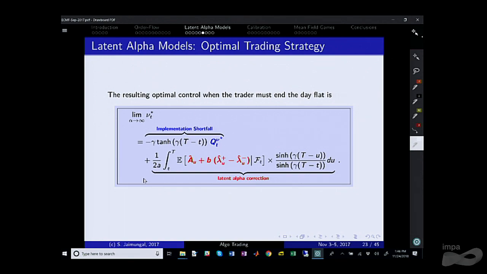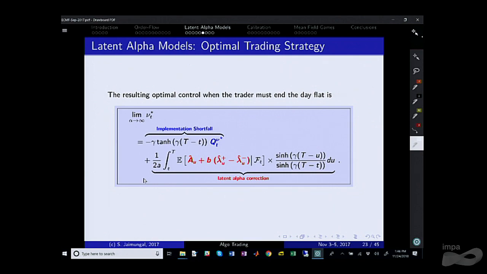The first term, again, is implementation shortfall, the Almgren-Chriss solution. The second term is now the expected filtered drift plus the difference of the stochastic intensities for the Q counting processes, weighted again by those same ratio of hyperbolic signs.